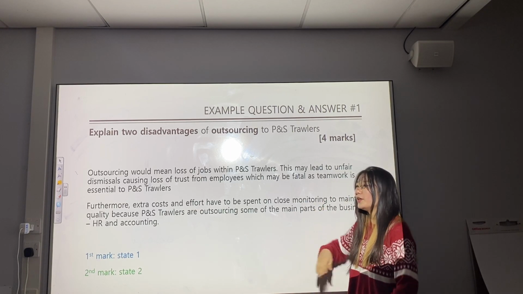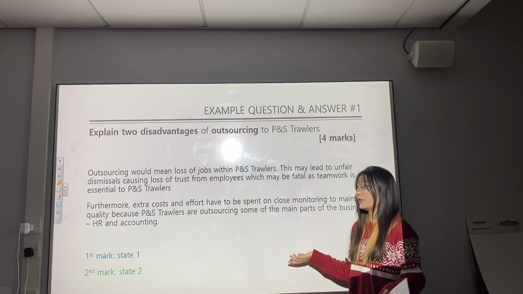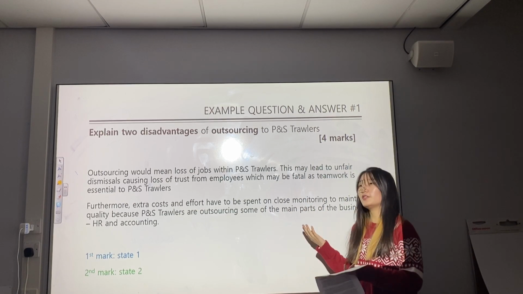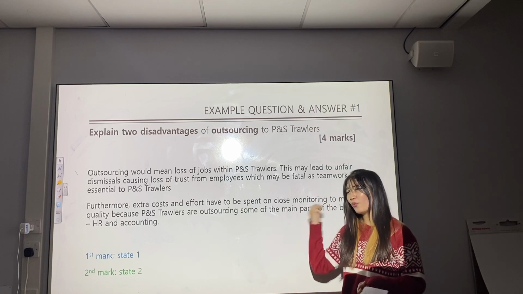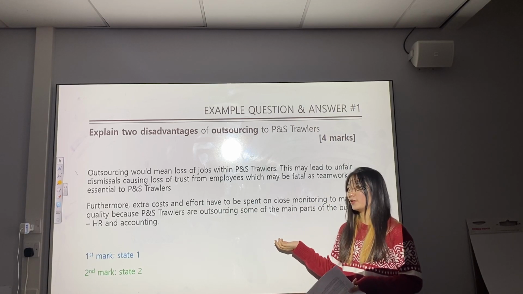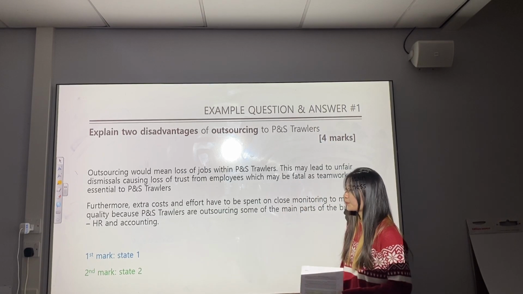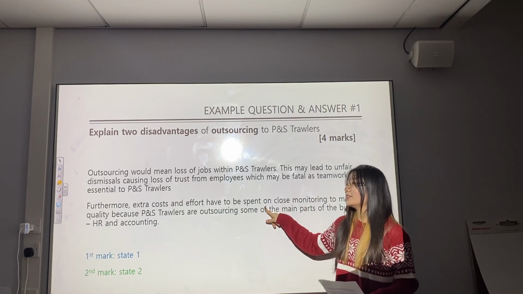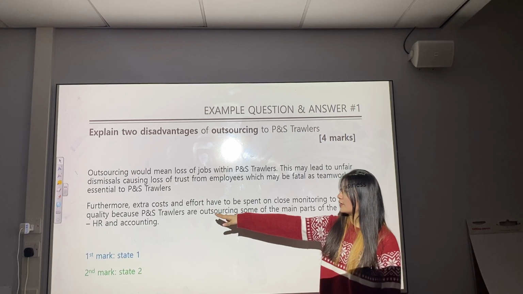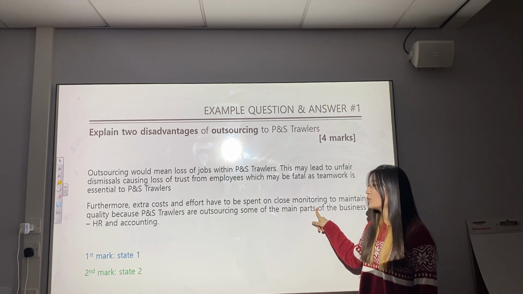If it was a big business like McDonald's, you could say this would increase efficiency because McDonald's can focus on their core business activities, which is not the case for P&S Trawlers because they are a small business. And the second point could be, it could cost extra to have close monitoring.